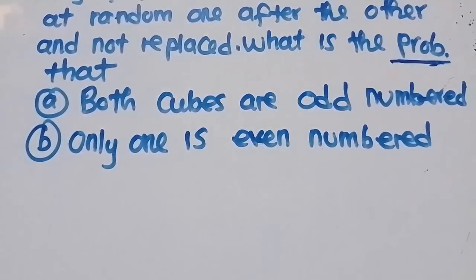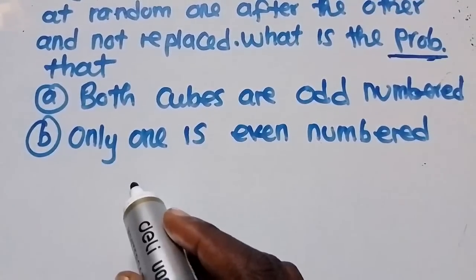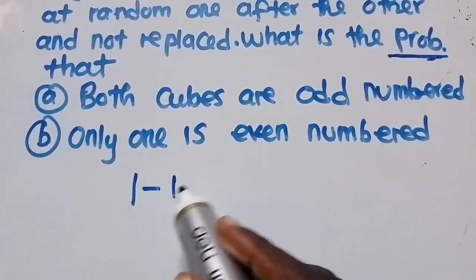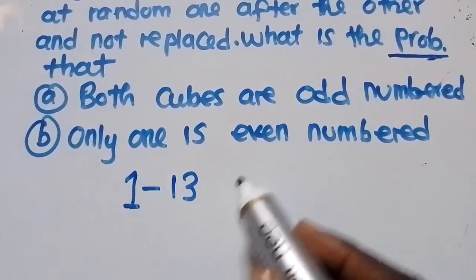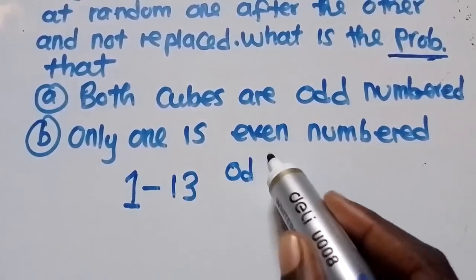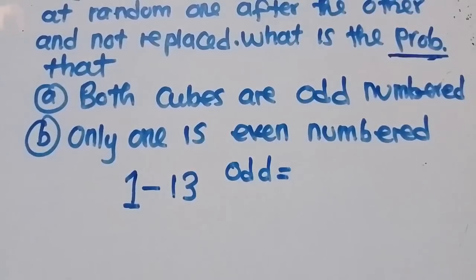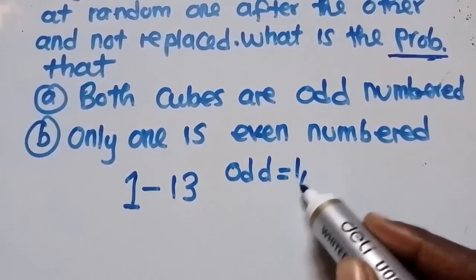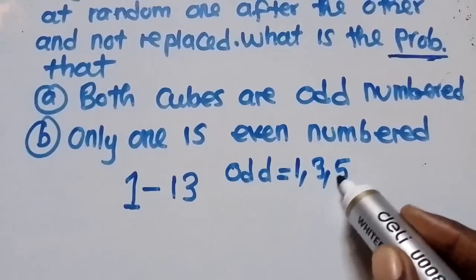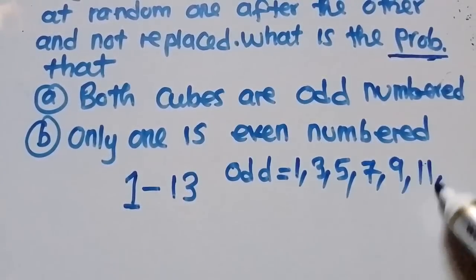So how can we draw a tree diagram here? The cubes are numbered from 1 to 13. Here we are talking about odd numbers. How many odd numbers are we having in this case? Odd numbers are numbers like 1, 3, 5, 7, 9, 11, and 13.